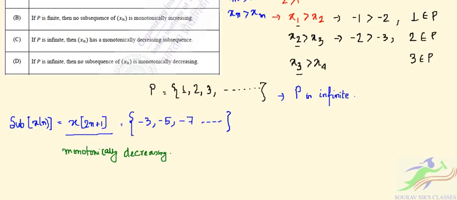Now we have to find out what happens when P is finite. So let us check this. We will consider the subsequence written as minus 1 by n.